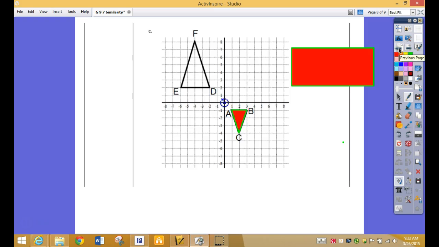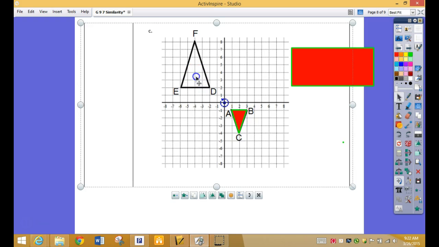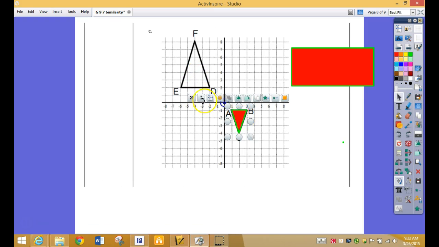Last one. What do you want to do first? Reflect it over the x-axis? Rotate or reflect? Because we're looking at this one, if we rotate it, it would be right there.